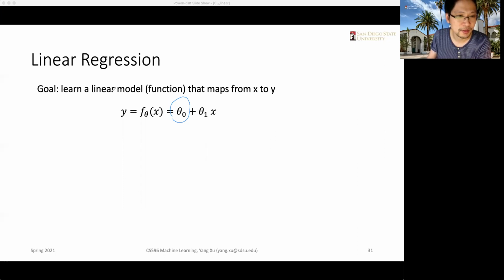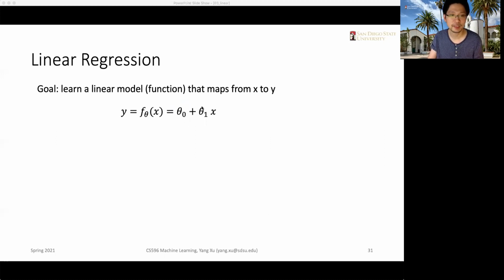So with the goal in mind to predict the house price, we can build a linear model that looks this way. If we use f of theta to describe the linear model, and the input is x, then the mathematical equation is theta0 plus theta1 times x. Okay, and that's pretty much it. That's the model we define.